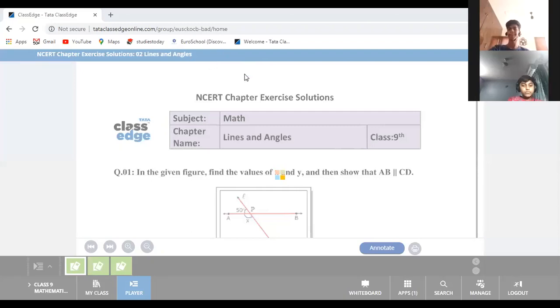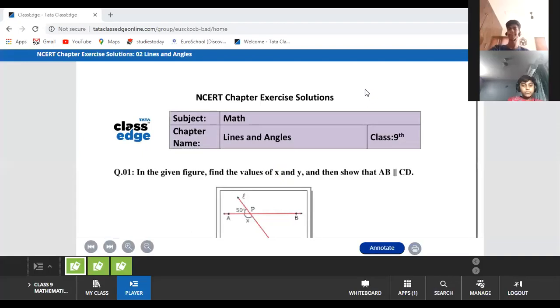Interior angles which lie on the same side of the transversal are called co-interior angles. I'll accept it. But what is the property based on that? They are supplementary. Yes, they are supplementary. Correct. What about other properties?